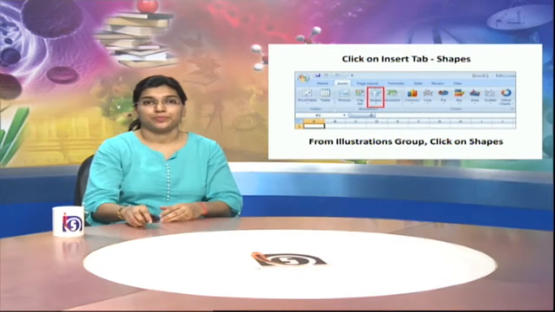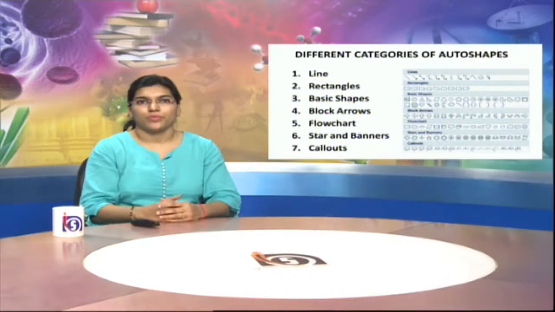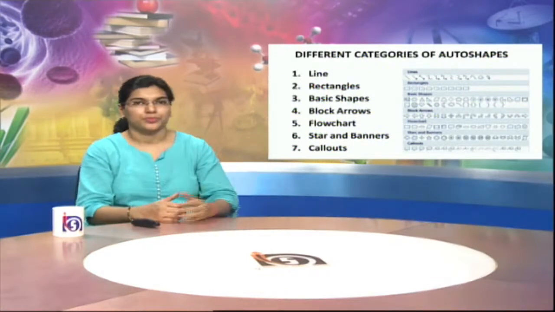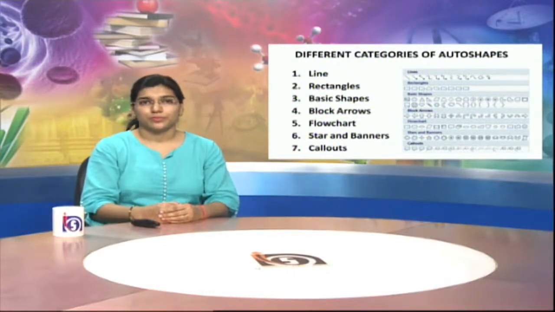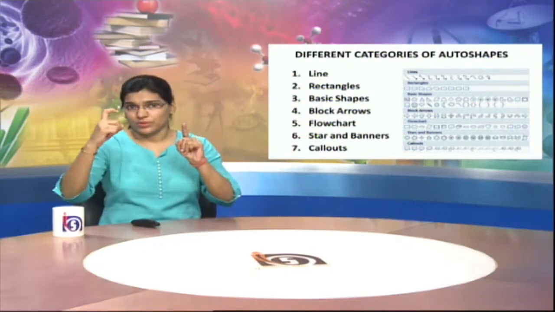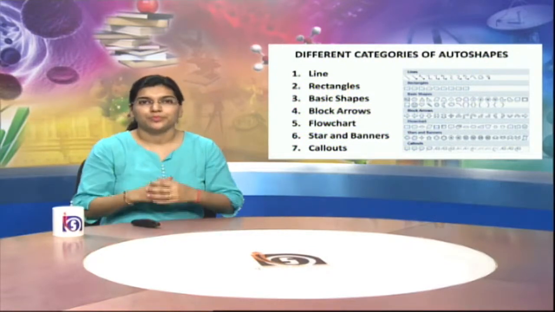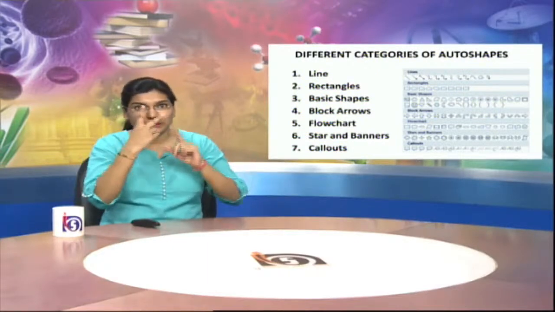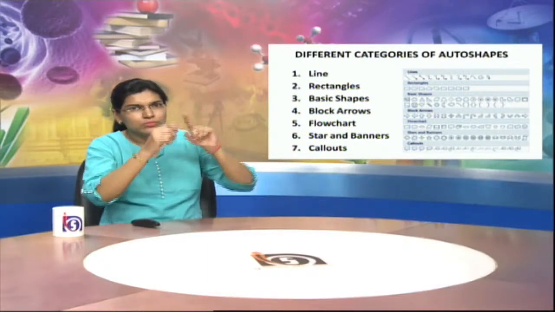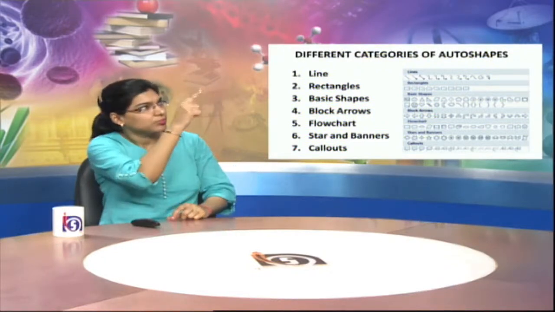When you click on that, you can see another pop down option. You can see on the screen. There are different categories of auto shapes. I would be explaining all 1 to 7. In the screen also you can see, and all are interconnected.